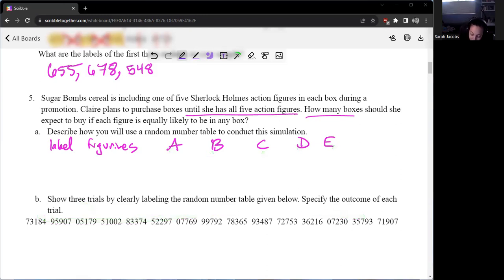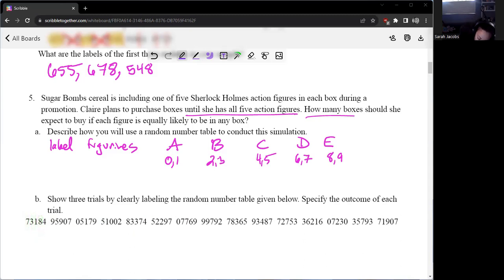And because there are 10 digits from 0 through 9, I'm going to use 0 and 1 for A, 2 and 3 for B, 4 and 5 for C, 6 and 7 for D, and 8 and 9 for E, because then each of these digits can represent one box.